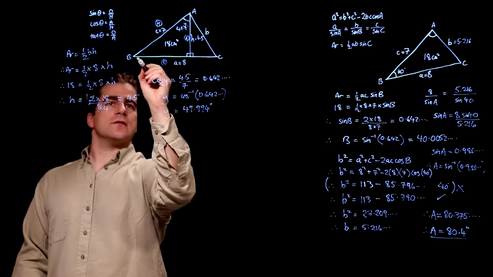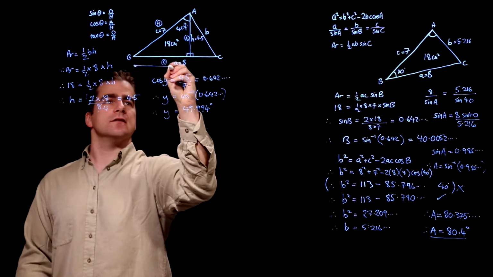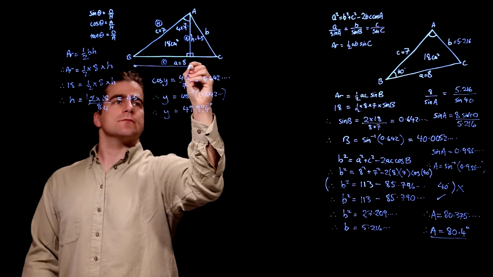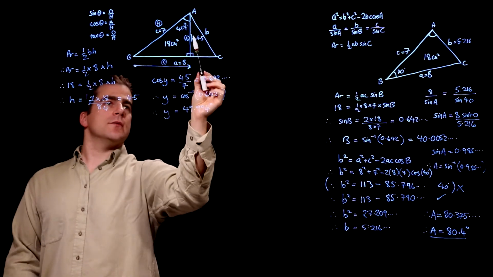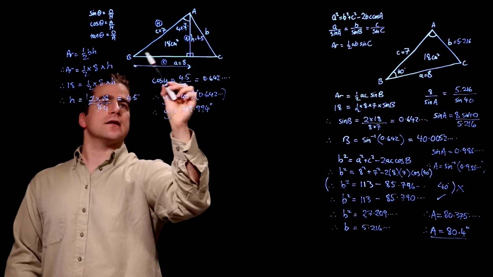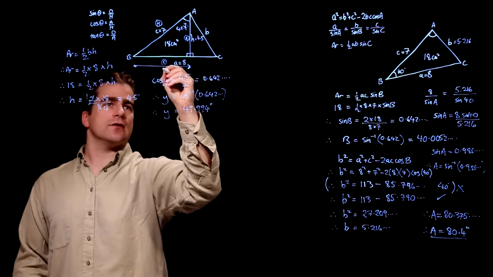So we can work out this distance using Pythagoras, because we know this and this. So what should we call it? Let's call it x.